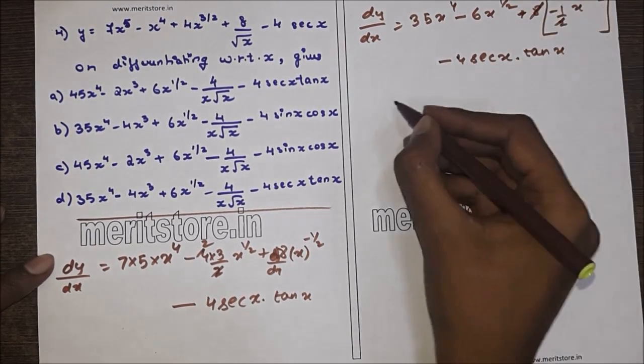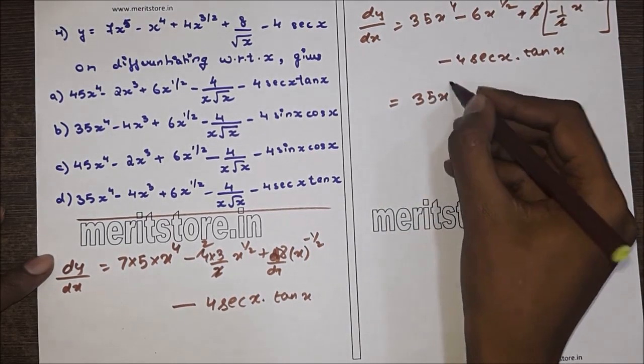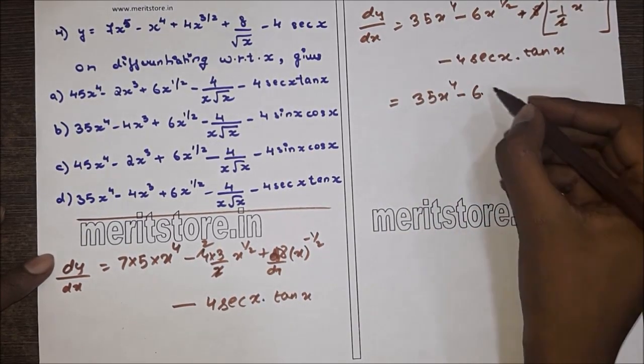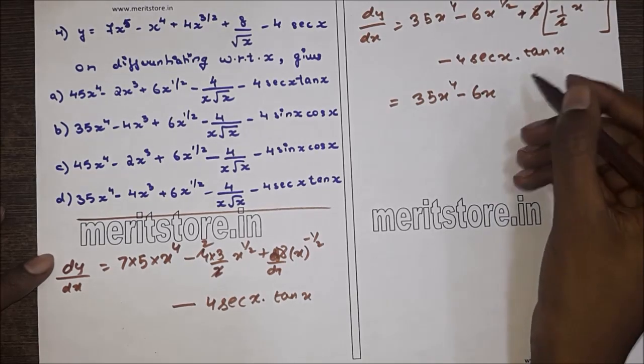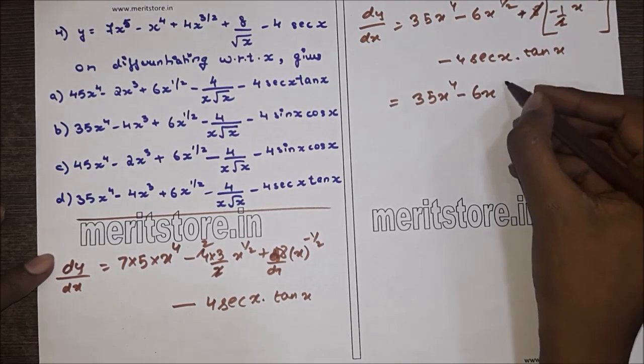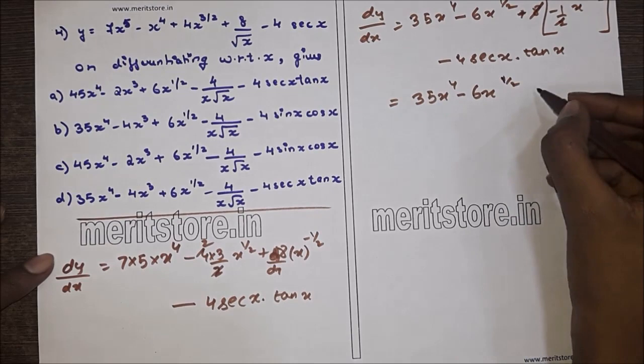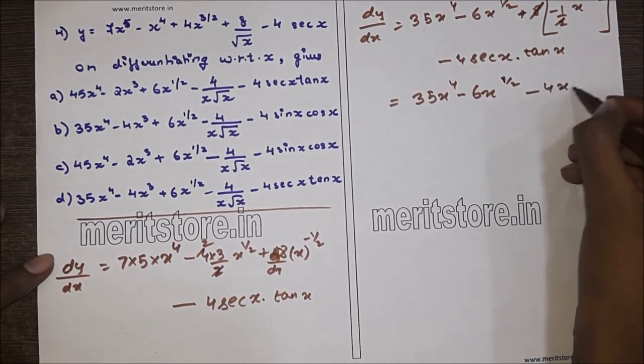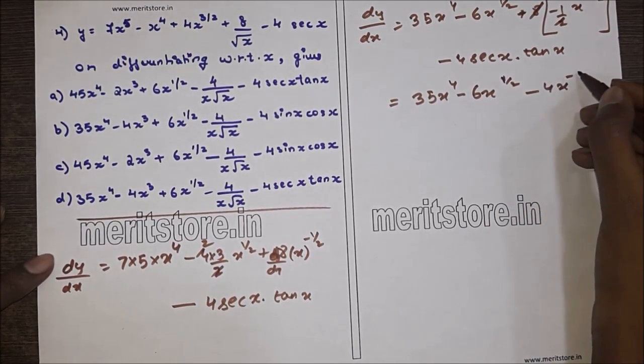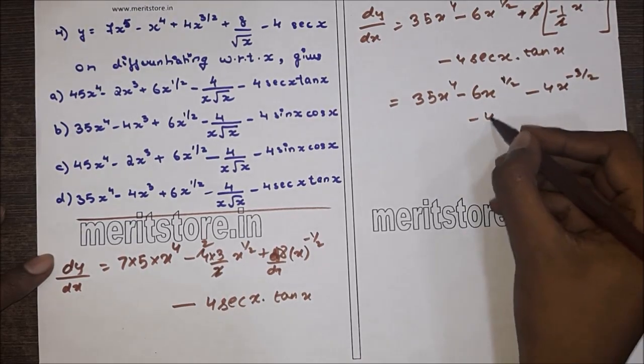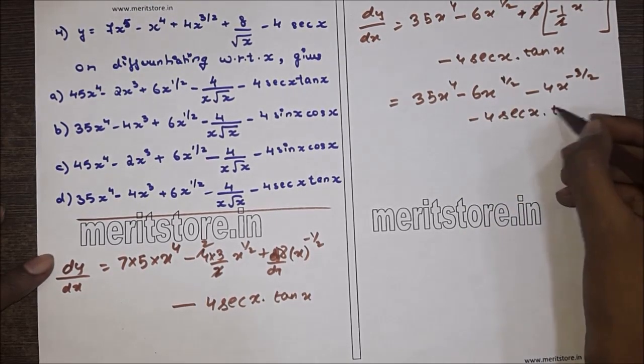This gets cancelled, we are left with 35 x raised to 4 minus 6 x raised to half minus 4 x raised to minus 3 by 2 minus 4 sec x tan x.